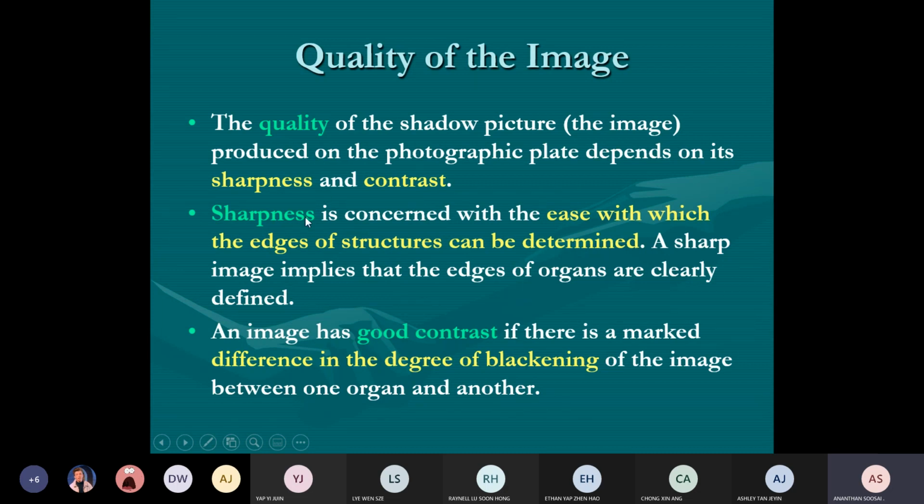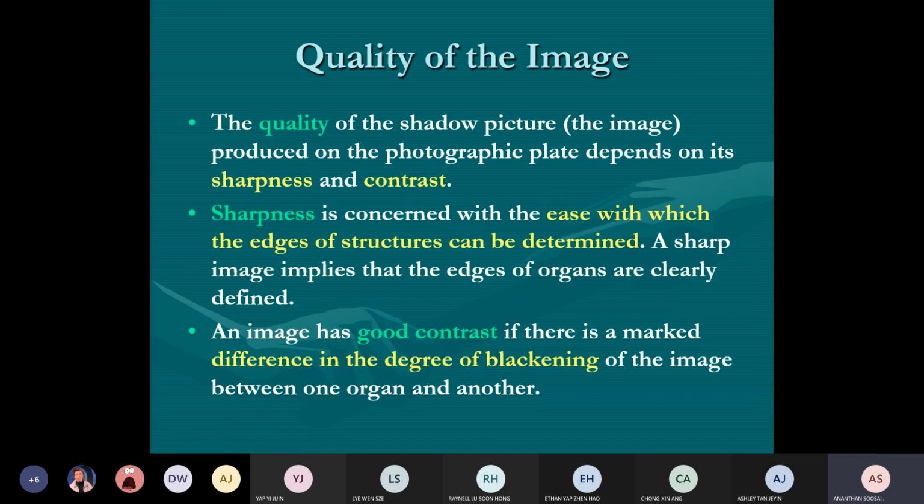I think that day we only discussed sharpness. Remember the definition. Sharpness is the ease with which the edges of a structure can be determined, how clearly you can see the border of two media. Contrast is the difference in the degree of blackening of two media.